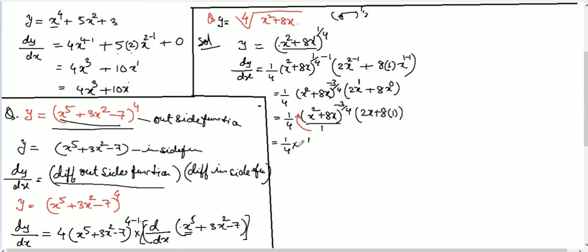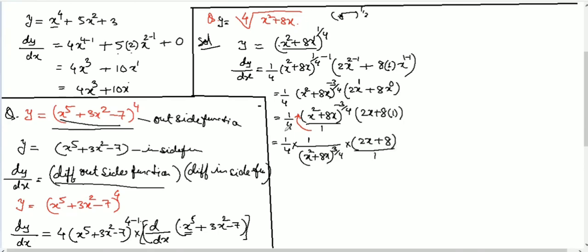Write down as it is x square plus 8x, and the power will be the same, but that power will be positive, not negative, 3 over 4. Now multiply by 2x plus 8 multiplied by 1 will be 8.